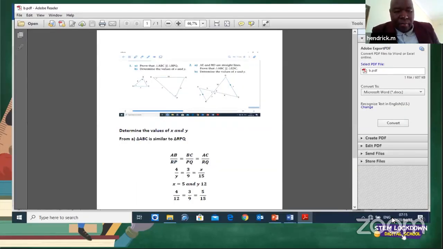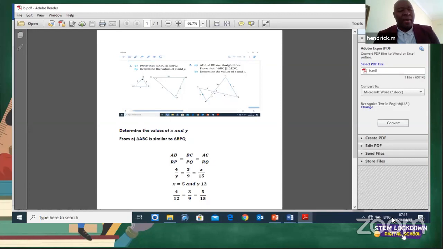You have your diagram there. And of course, we already know that triangle ABC is similar to triangle RPQ. This is the information that we have just proved. And of course, yesterday I taught you about the two triangles having to be proportionate.